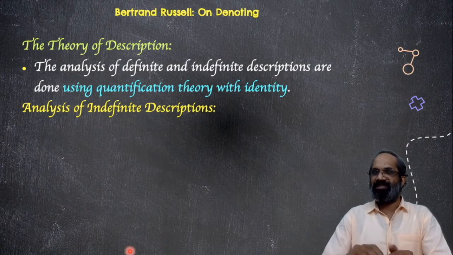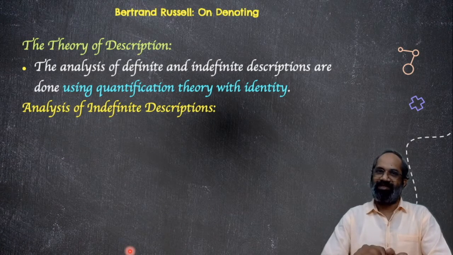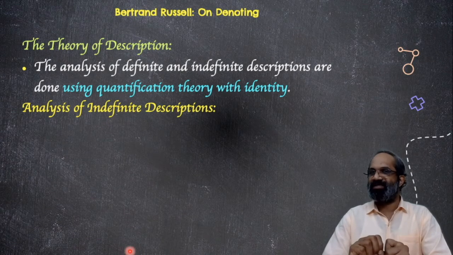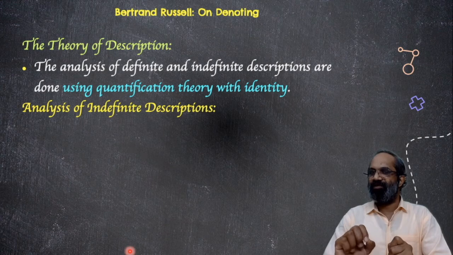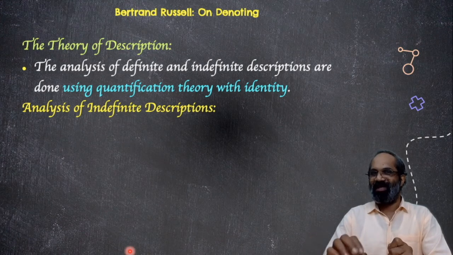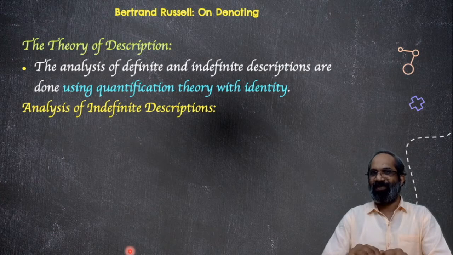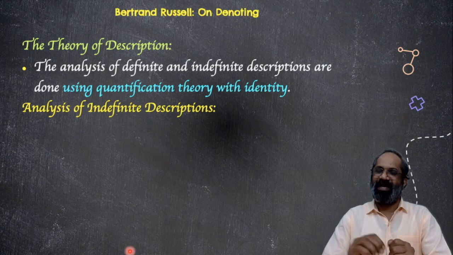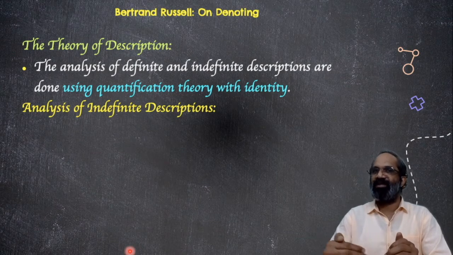In the first step, he analyzes the indefinite description and finds out what its components are. By indefinite description, we mean phrases with any, a, or some. So what is the exact meaning of an indefinite description? In the second part, he deals with the definite description, the meaning of "the".